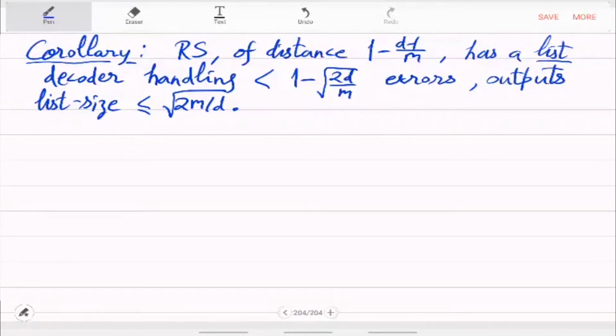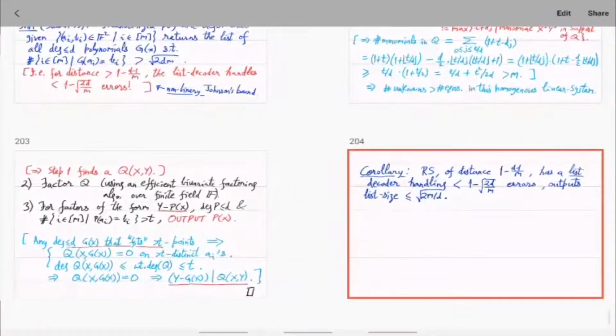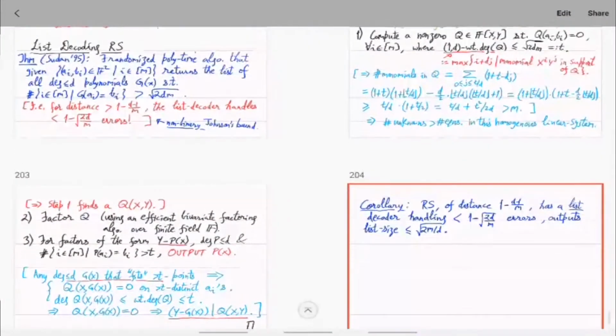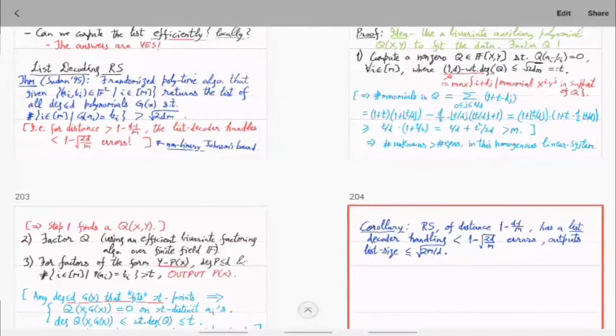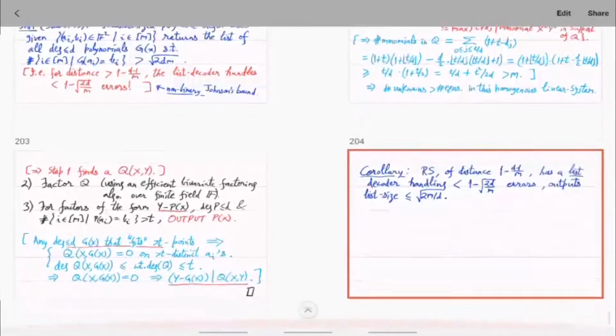So this will follow from degree of Q being t, right. The weighted degree of Q is at most t and you divide it by d. So that gives you the degree in y. That is the simple proof.